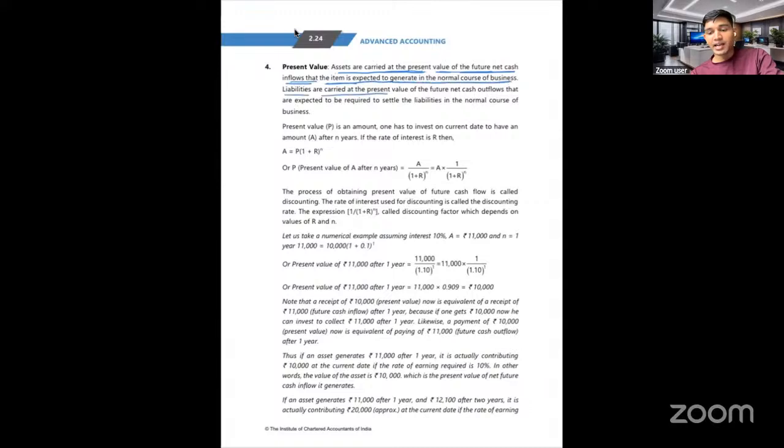Liabilities are carried at the present value of the future net cash outflows that are expected to be required to settle the liabilities in the normal course of business.